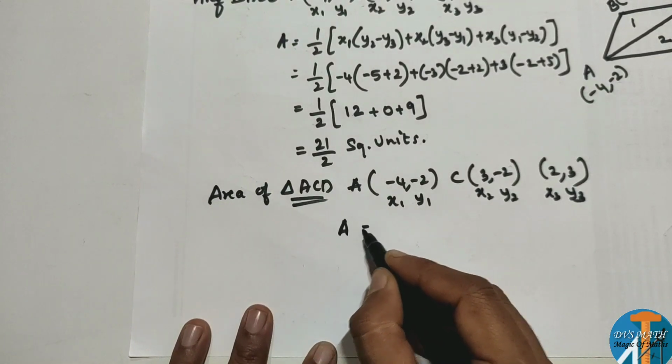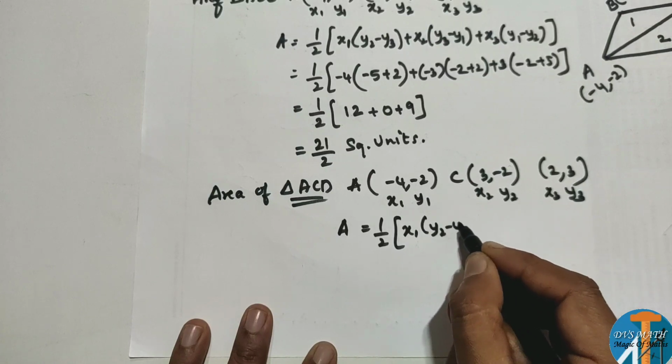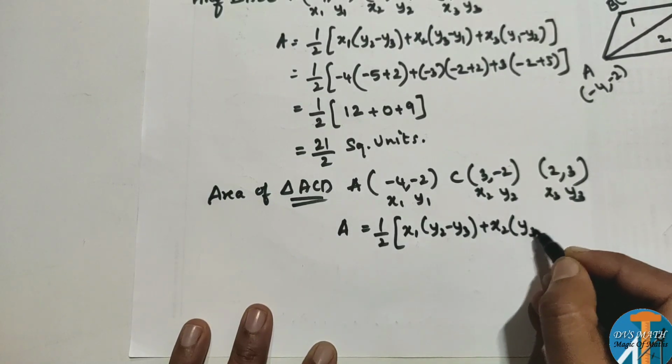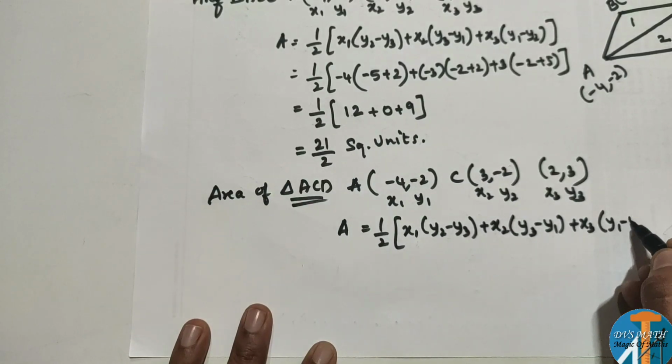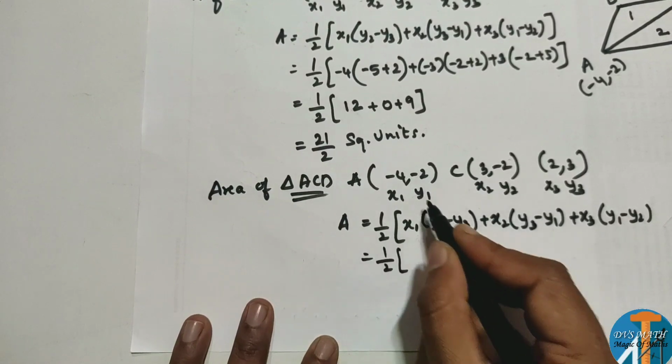Again, A is half times x1 (y2 minus y3) plus x2 (y3 minus y1) plus x3 (y1 minus y2). So now let us substitute. What is x1?